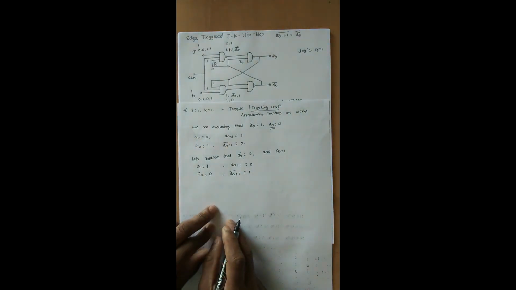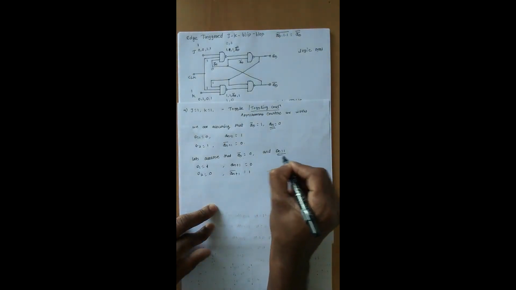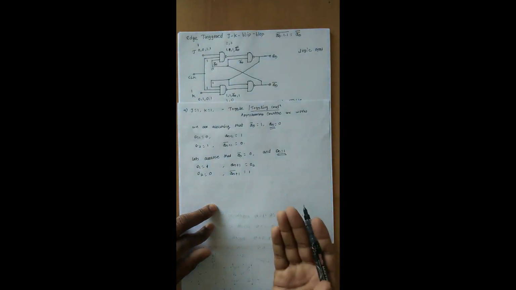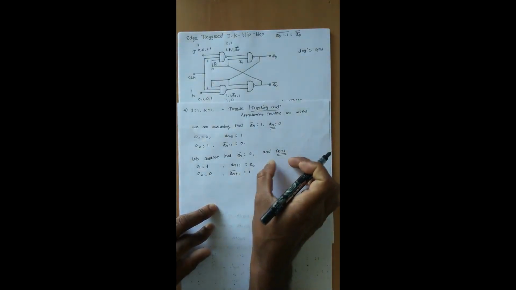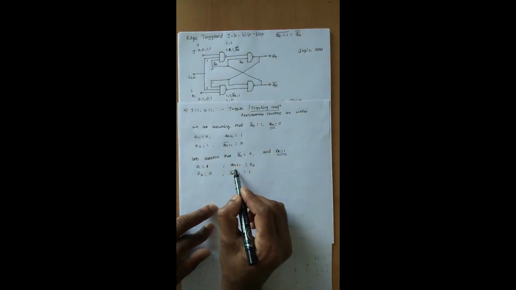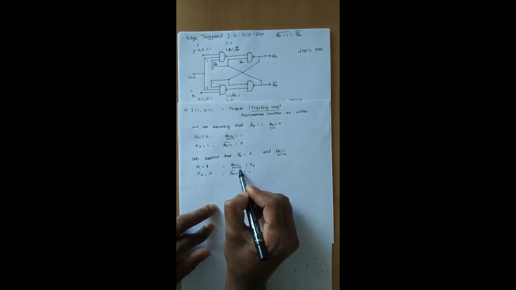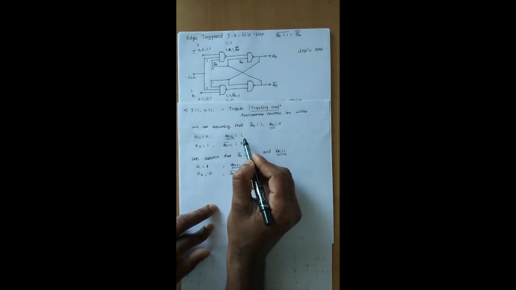Here if you observe once again, Q of n is 1 and Q of n plus 1 is 0. Whenever we apply the clock pulses, the present state and next state values differ from each other. In this way, Q of n plus 1 always follows the present state complement output.